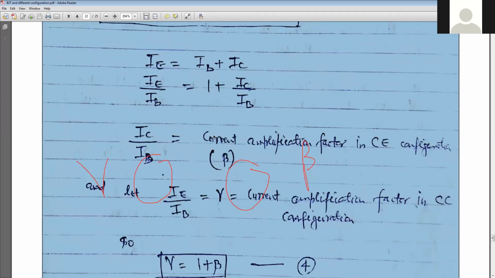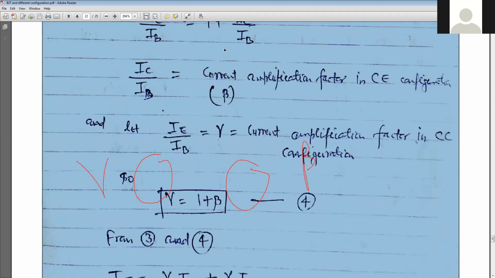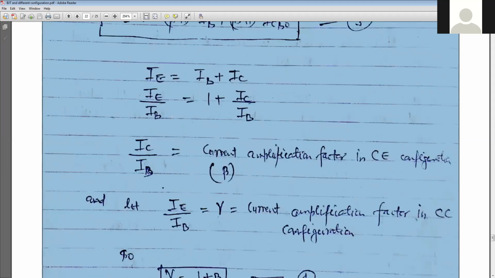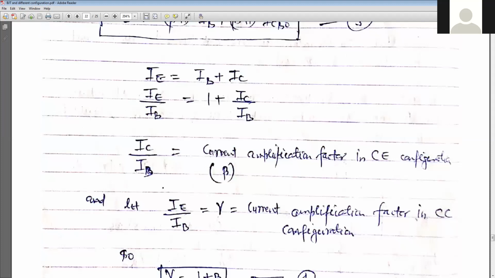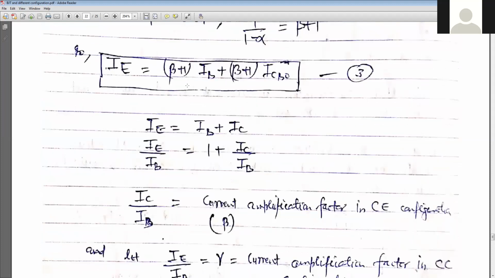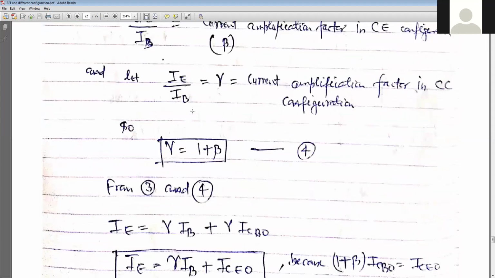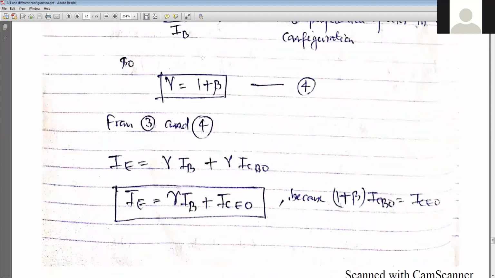See that? Now if gamma is equal to 1 plus beta, then 1 plus beta can be written as gamma. Now the expression can come at the end here. Expression can be used here.